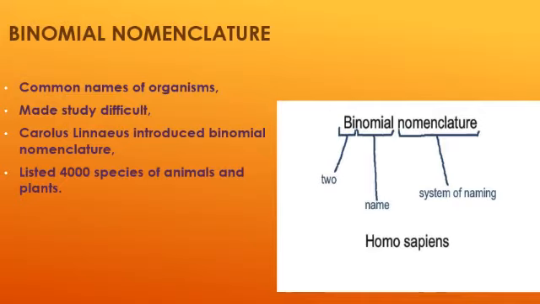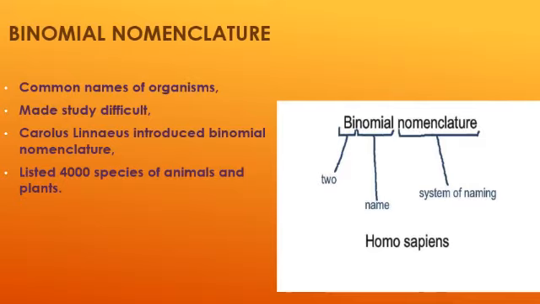Every language has common names for living organisms, so it became difficult for scientists to talk about a certain organism as the number of discovered organisms was increasing. It was difficult to study organisms with their common names. To overcome this problem, Carolus Linnaeus introduced the two names naming system, binomial nomenclature.